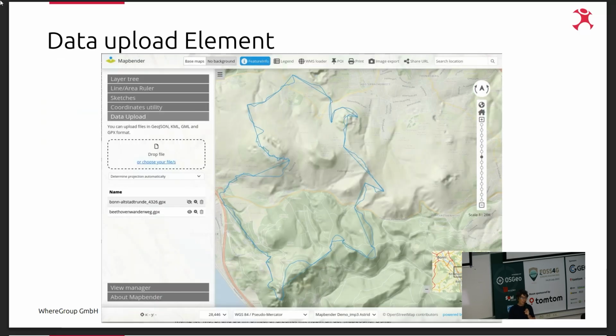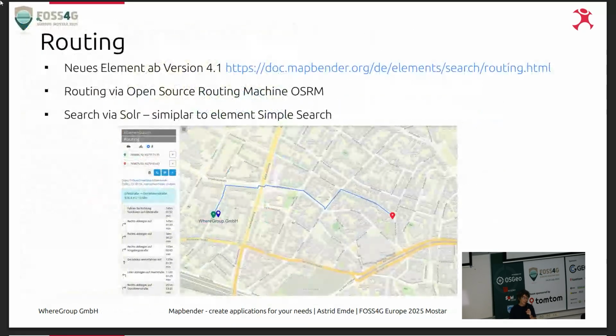Then you can upload files like GeoJSON, KML, or GML and use this in your application. So it's a data upload, and a quite new feature is the routing feature.